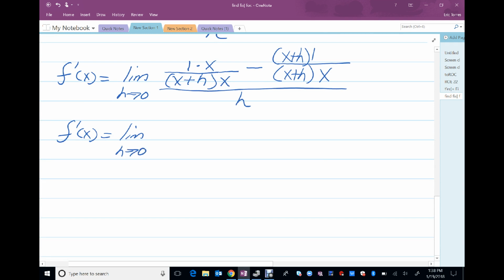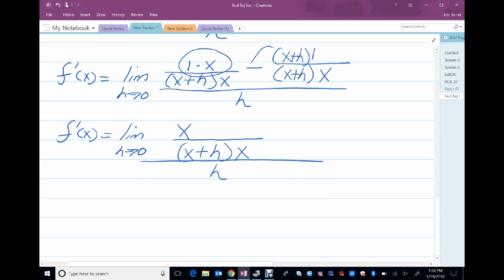Now, I have on top a fraction with addition and subtraction going on, and since they have the same denominator, all the addition and subtraction happens in the numerator. So this is still the top all over the bottom, which is still h. And my top now is x from the first minus this, just distributed my negative to each subterm.